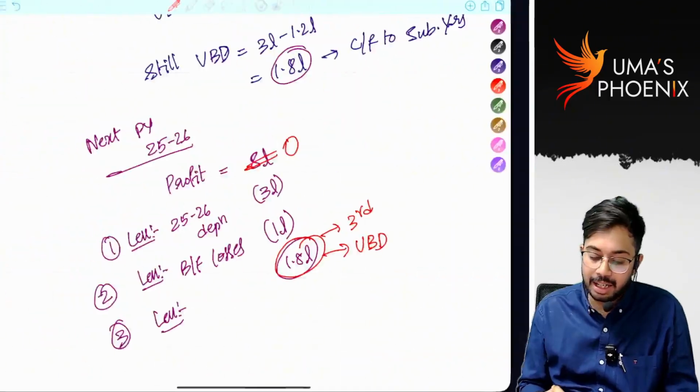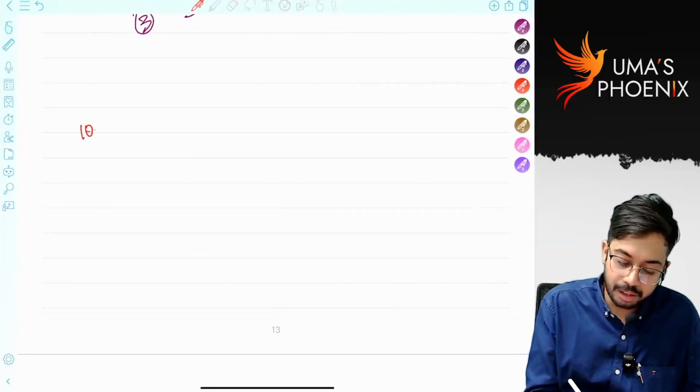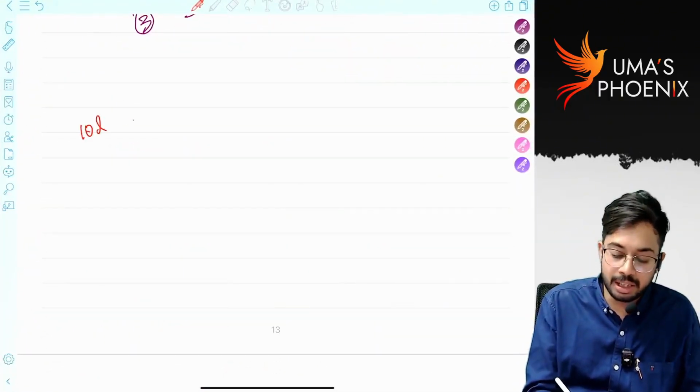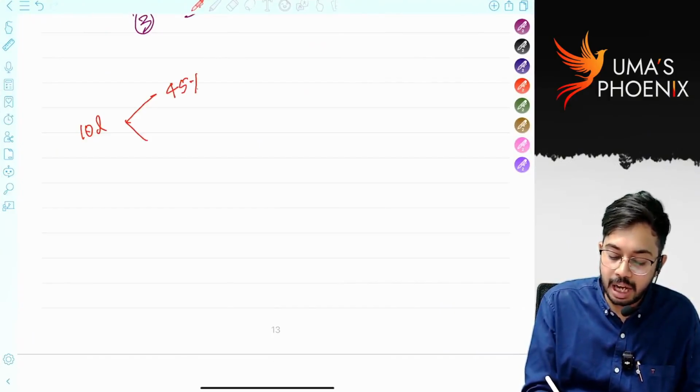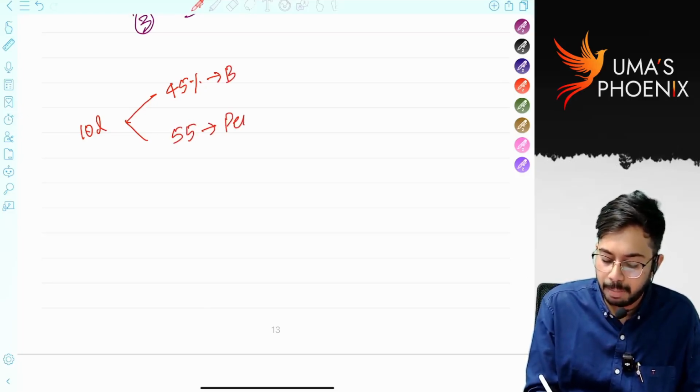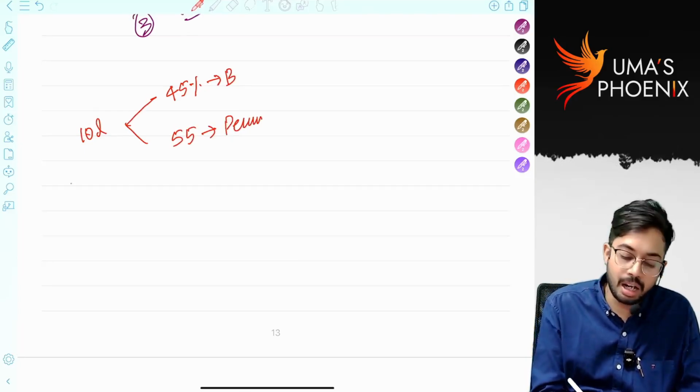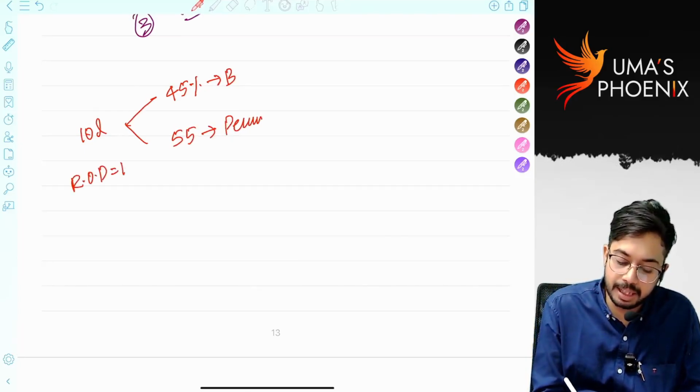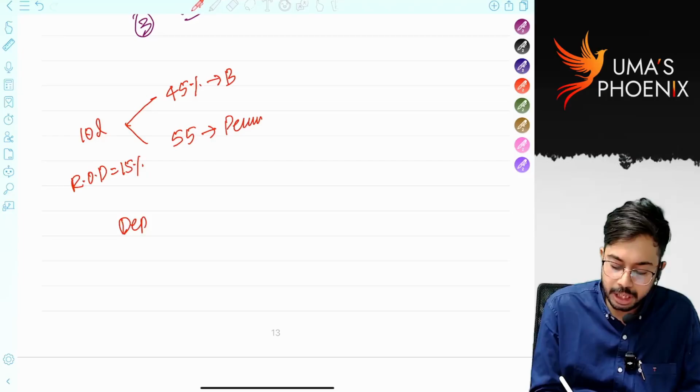Is it clear? Let's say there is a car worth 10 lakhs. Like this car, 45% I use it for business, 55% I use it for personal purpose. Generally, for a car, rate of depreciation is 15%, right? How much is depreciation?